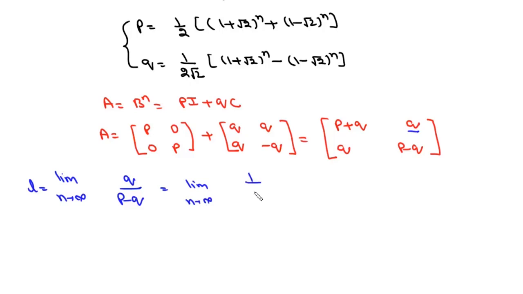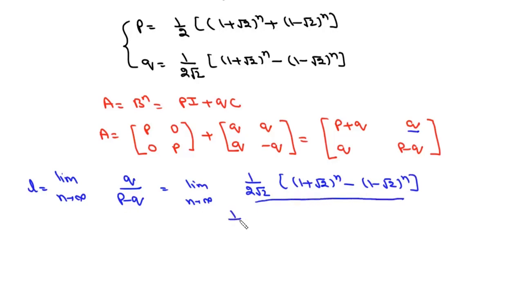Now q is 1 upon 2 root 2, and this is (1 plus root 2) to the power n minus (1 minus root 2) to the power n, whole divided by p minus q.